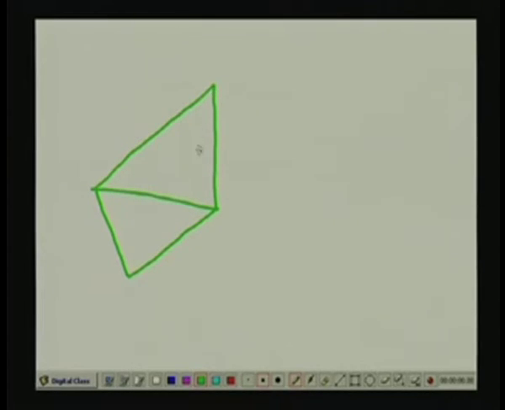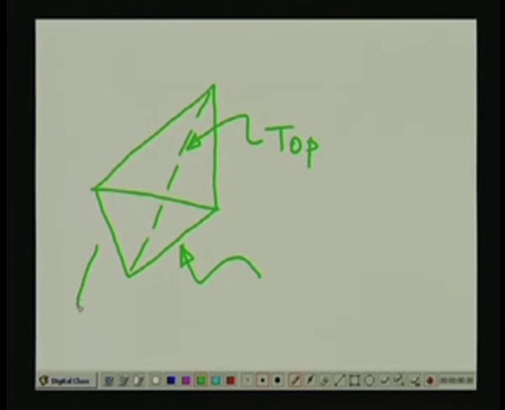So, this is the top surface of the sliding wedge, and the bottom surfaces of the sliding wedge are not visible from this angle. I am drawing an isometric here. So, these are the two bottom surfaces.